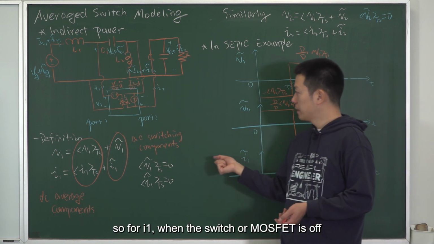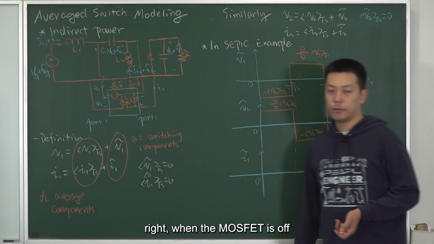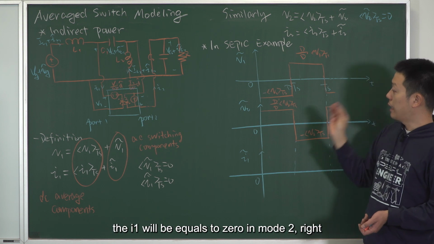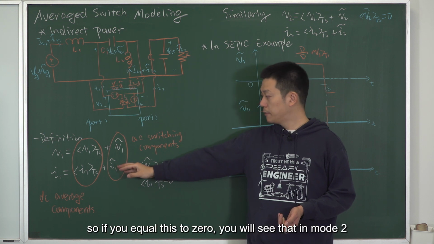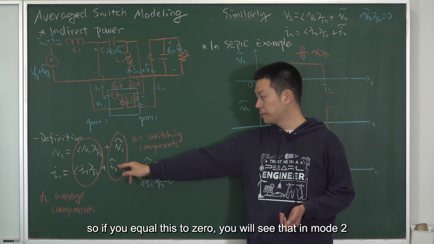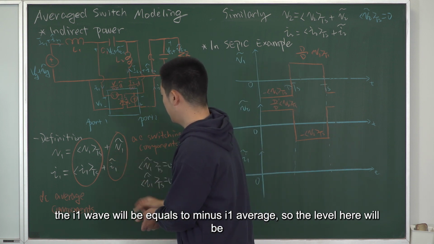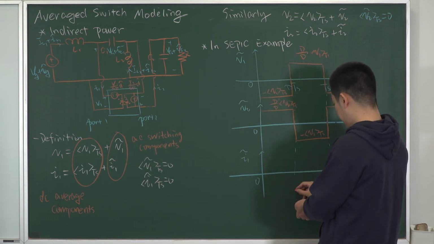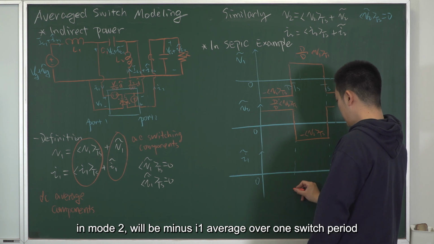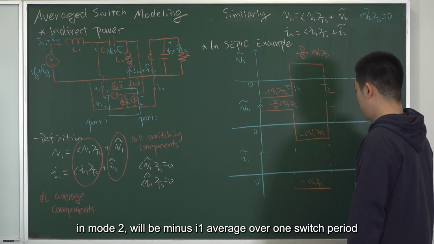So for I1, when the switch or MOSFET is off, right? When the MOSFET is off, the I1 will be equal to 0 in mode 2, right? So if you equal this to 0, you will see that in mode 2, the I1 wave will be equal to minus I1 average. So the level here, in mode 2, will be minus I1 average over one switch period.